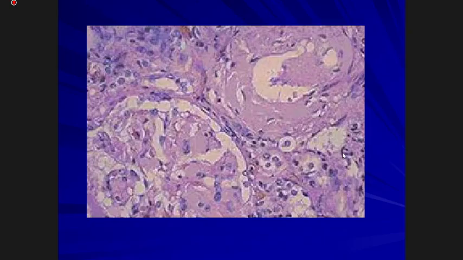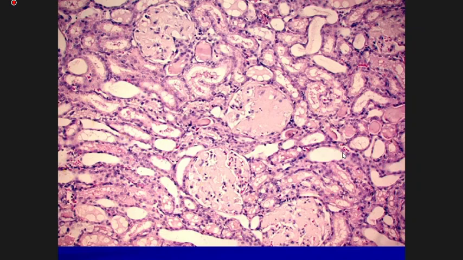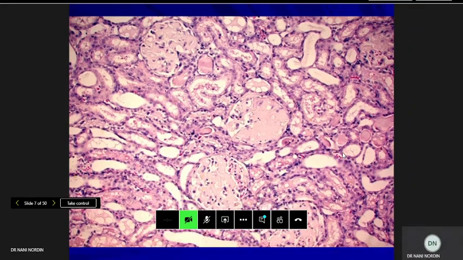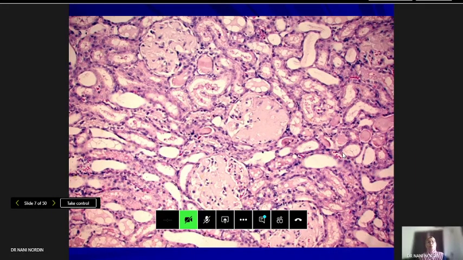How do you differentiate that from necrosis? Necrosis will appear more or less the same, eosinophilic and amorphous, so it is kind of difficult to differentiate.